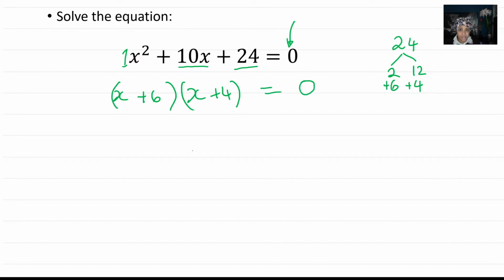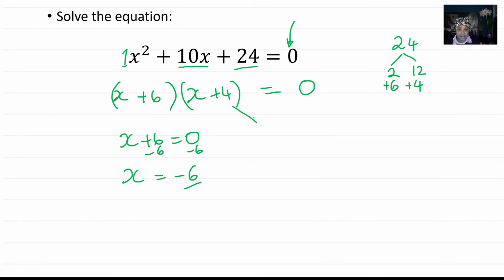Now at this point, we're going to take one of the brackets and make it equal to 0. So we're going to say x plus 6 is equal to 0. And then we're going to rearrange, minus 6 minus 6. So x is equal to negative 6.